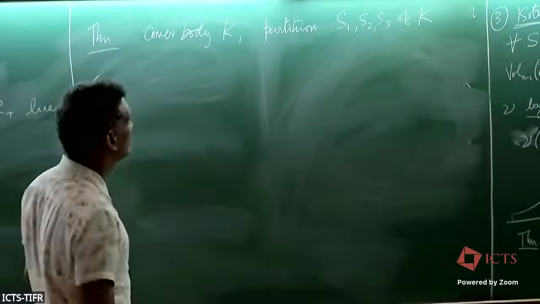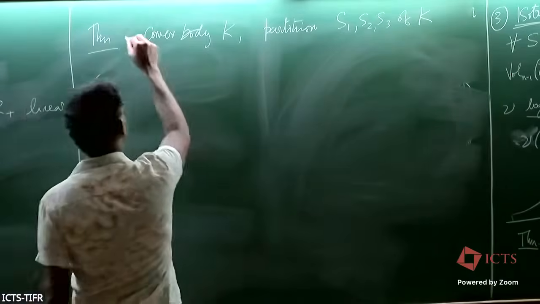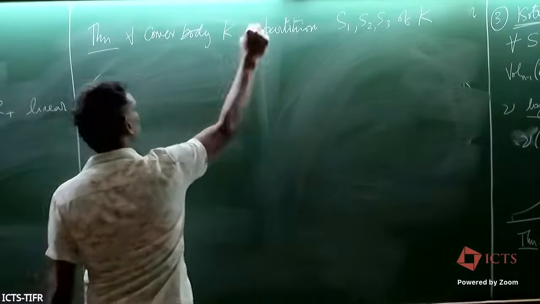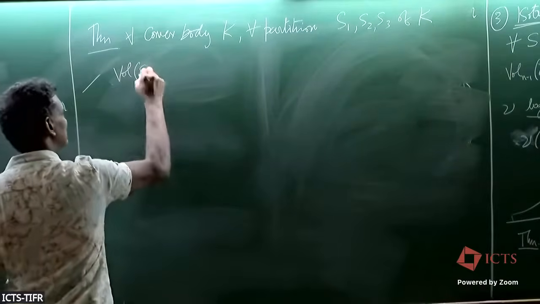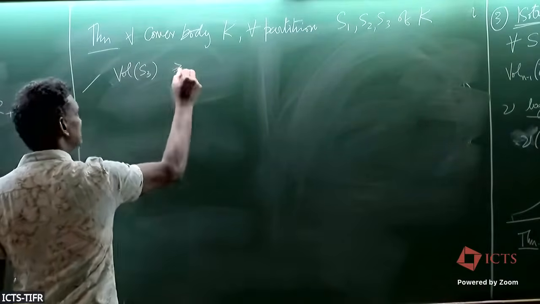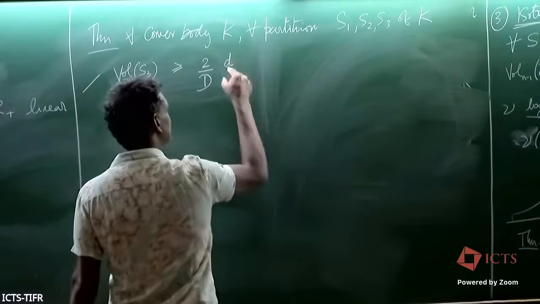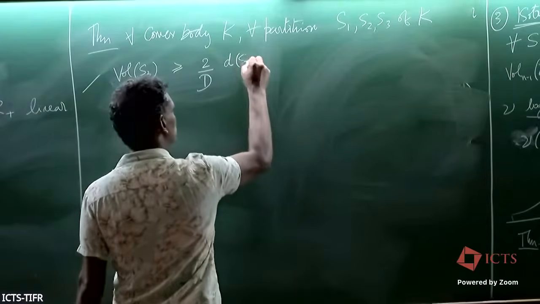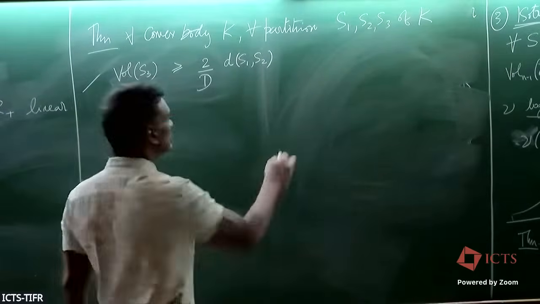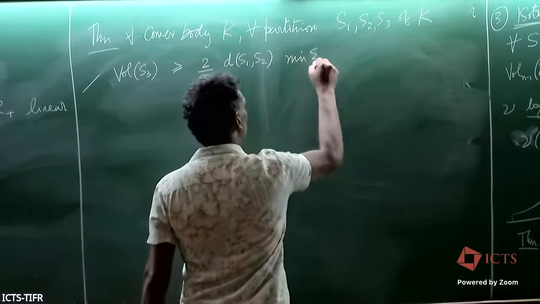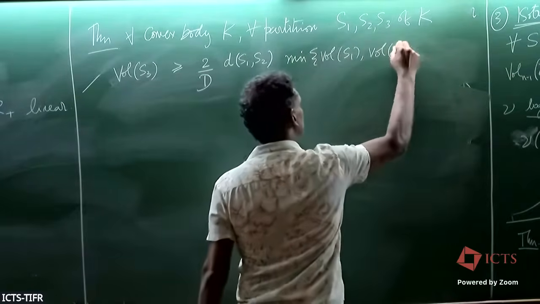They all have volume. Then, for any convex body, for any partition, the volume of S3 is at least 2 over D times the Euclidean distance between S1 and S2. So this is just the minimum distance between S1 and S2 times the minimum of the volume of S1 and the volume of S2.